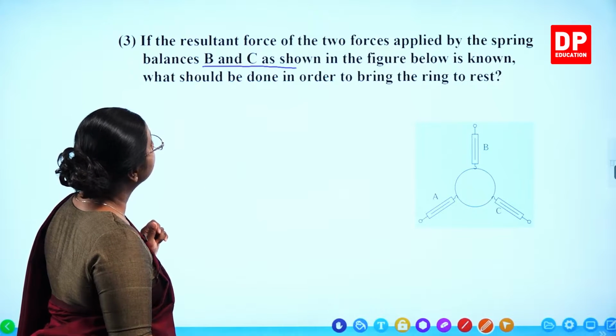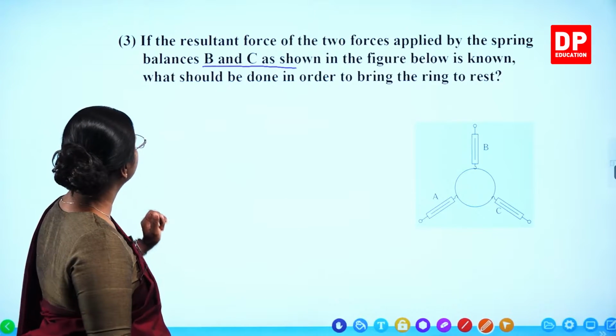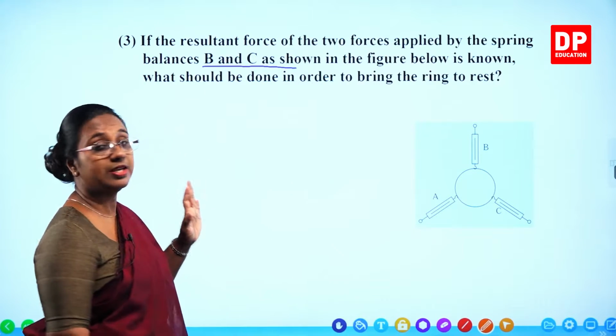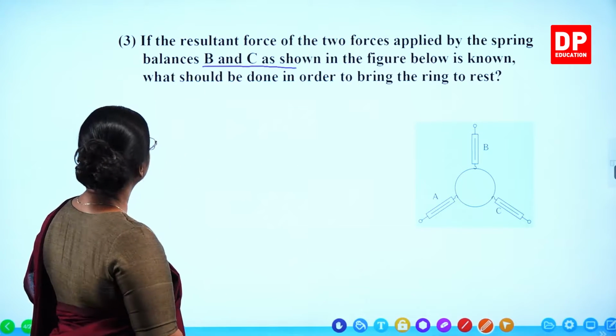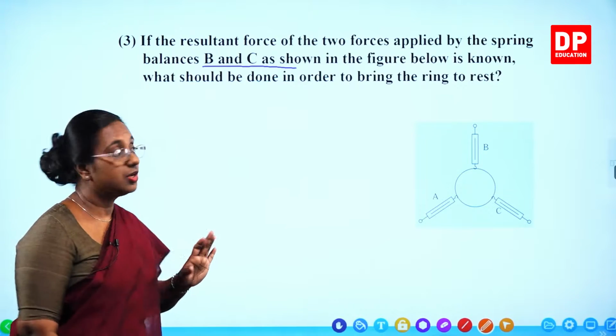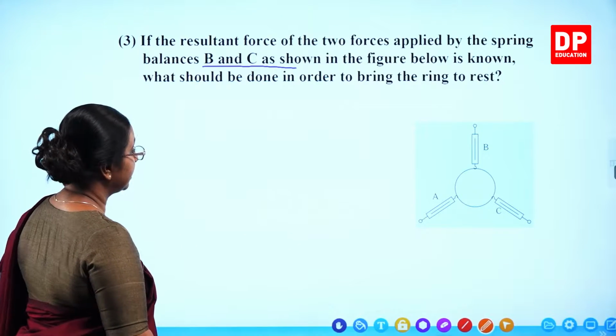If the resultant force of the two forces applied by the spring balances B and C as shown in the figure below is known. So we know those two forces. What should be done in order to bring the ring to rest? So here we know the resultant force.